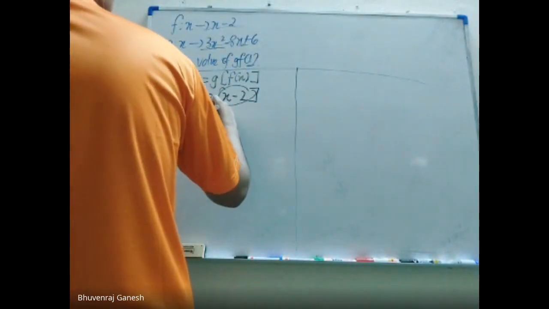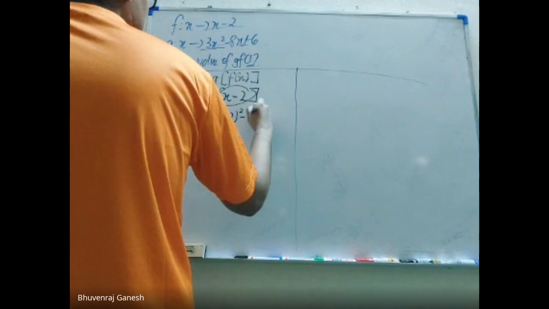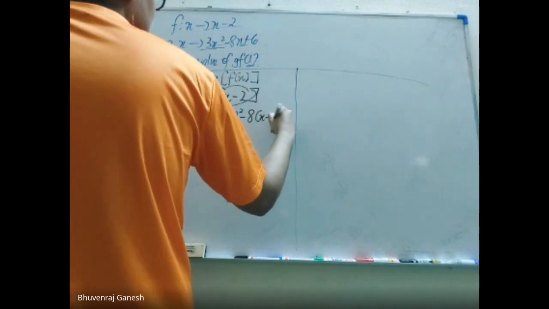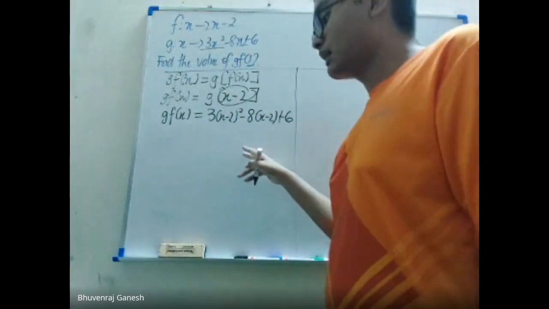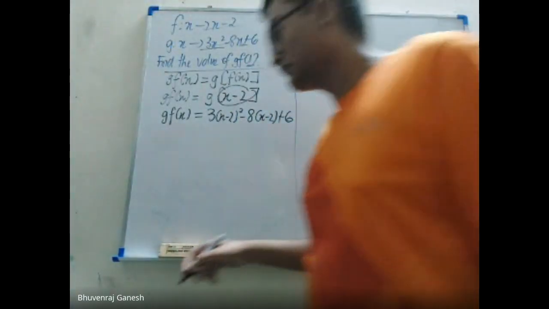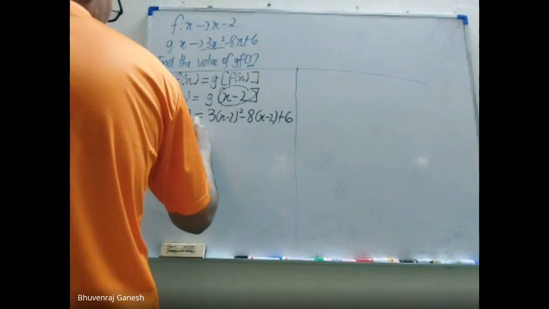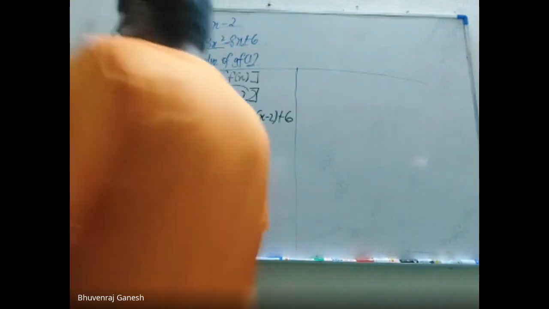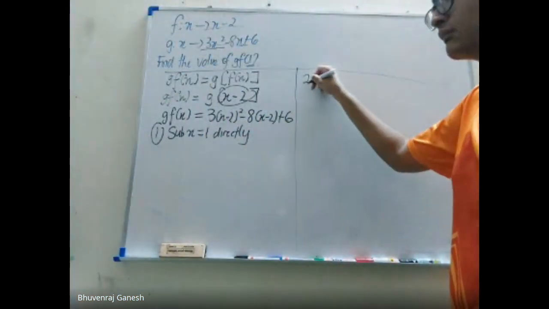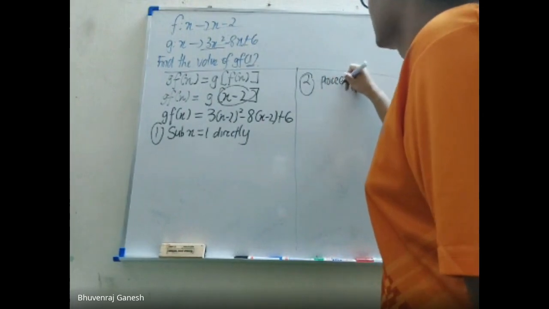So you will get 3(x minus 2) squared minus 8(x minus 2) plus 6. From here, this is where you can choose which method to use. The first method I call substituting x equals 1 directly. Or the other method, which I'll show later, is you can proceed with simplifying the equation.